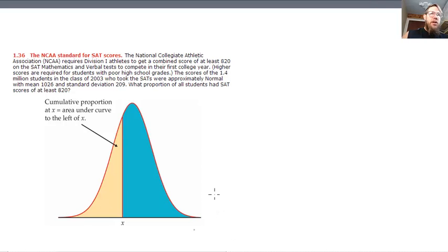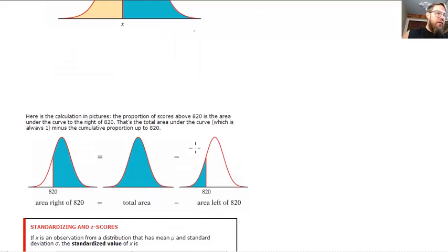So we will calculate this by figuring out the area to the left first, which is what Table A will let us look up, and we're going to subtract that from the total area. So we have our whole curve, the area to the left of 820, the proportion of scores below 820, and that'll give us the actual area to the right.